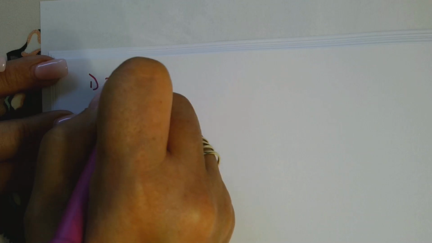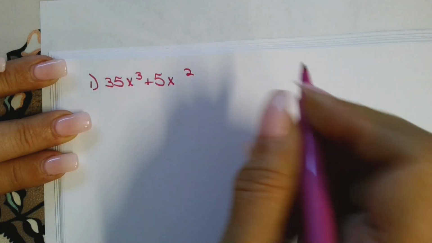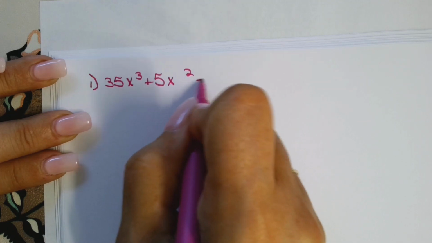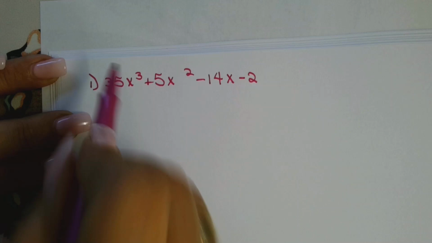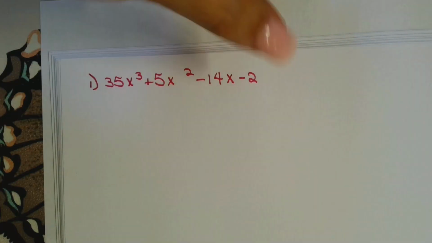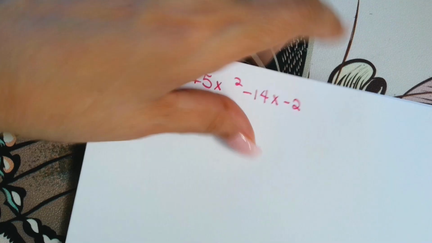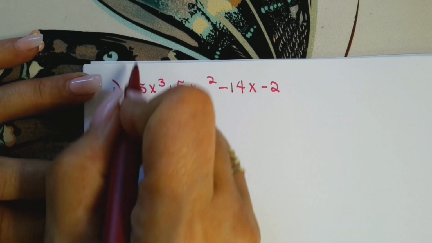Okay? So number 1 is 35x to the third plus 5x squared minus 14x minus 2. So once again, we're going to do the whole grouping thing.